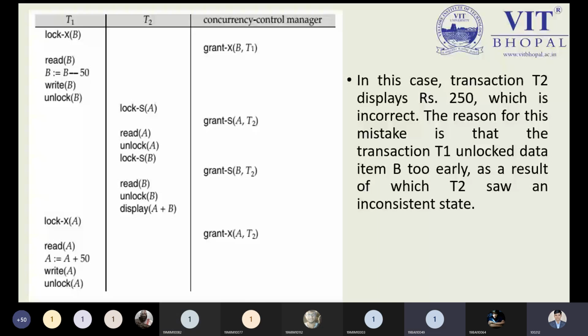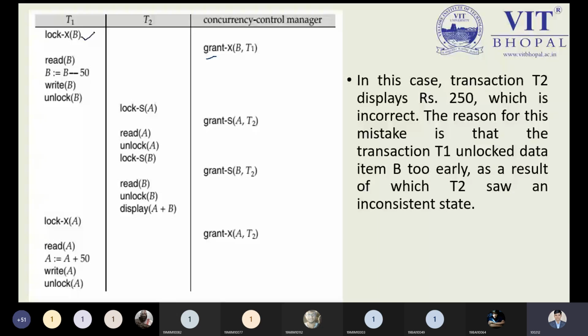Okay, now see what is happening over here. In transaction T1, the concurrency control manager will grant XB, that is, grant the exclusive mode on data item B. Grant is basically a method which describes that the concurrency control manager is granting the exclusive mode on data item B to transaction T1.